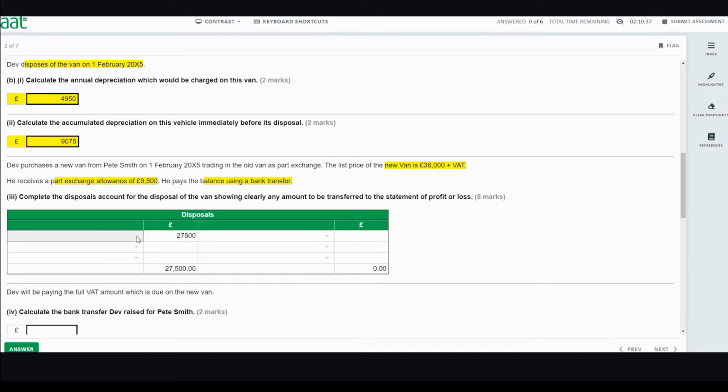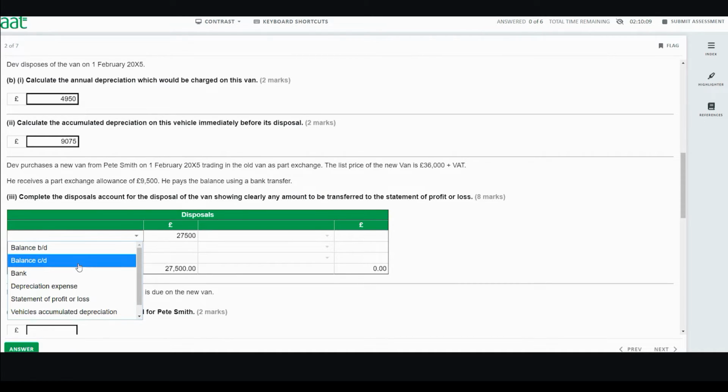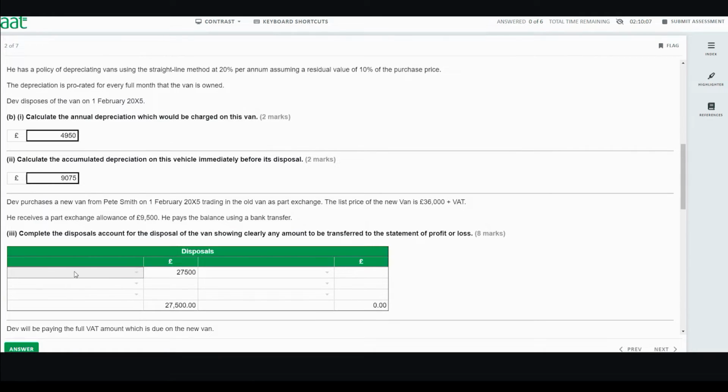Don't forget to click on the little arrow and pick from the list which one you're looking for. You're looking for vehicle at cost.